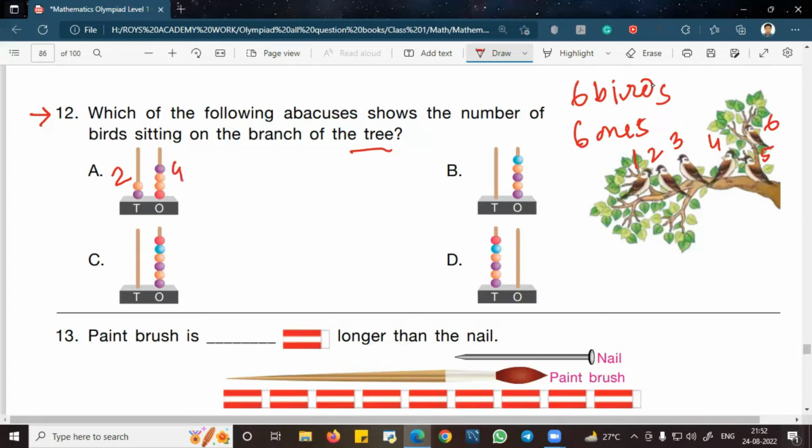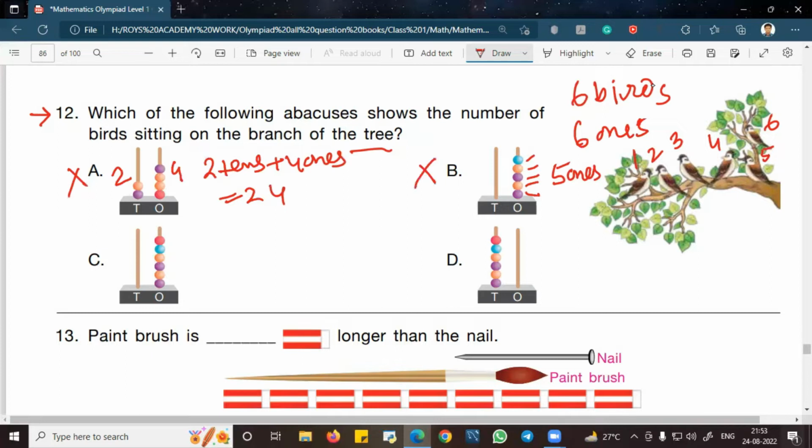That means 2 tens plus 4 ones, so we get 24. In option B we count 1, 2, 3, 4, 5, so there are only 5 ones. So it is not the answer we are looking for. So option A and option B are not the right answer.